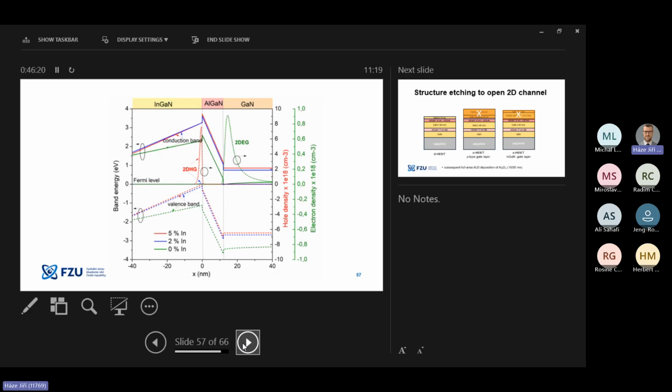So you can see here from the simulation that at a proper thickness and proper concentration of indium in the capping layer, you can produce a hole gas instead of an electron gas and switch off one or the other by applied field. So it could be also interesting for some logical applications.